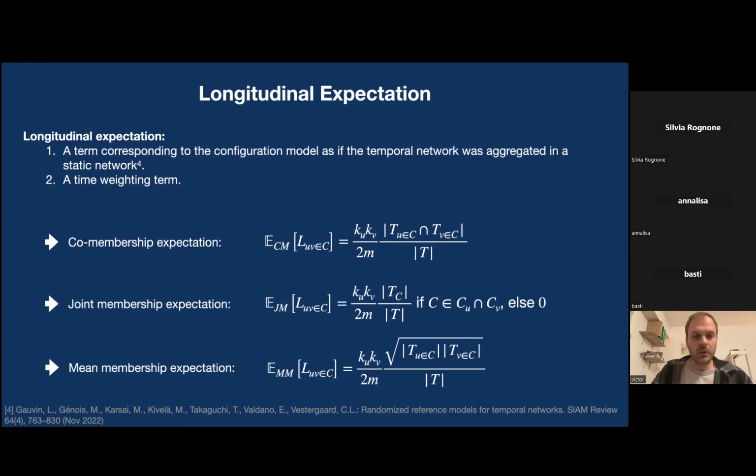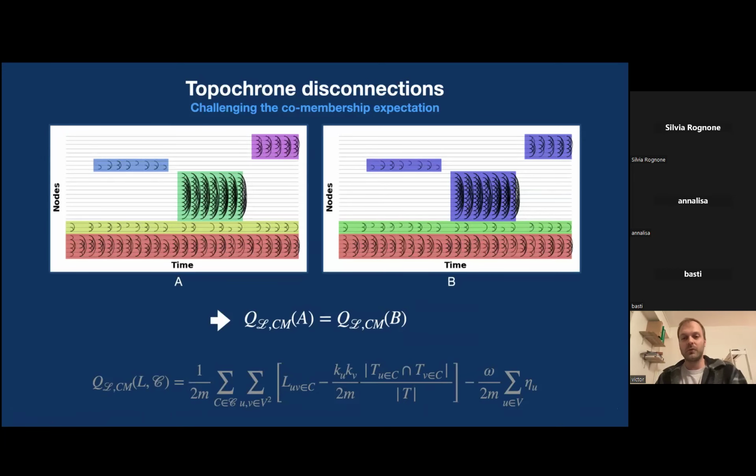So why we don't like the first one is because of this. If we have this, for example, what we call topochron disconnections, here we have twice the same link stream, but with two different community structures, communities being represented by the different colors. So if we take the co-membership expectation, we will have the same modularity score on the two community structures.